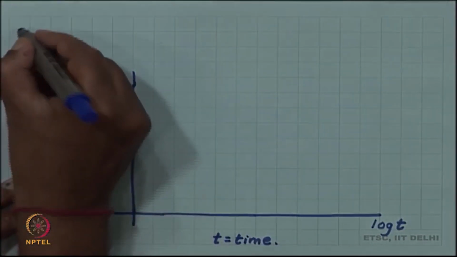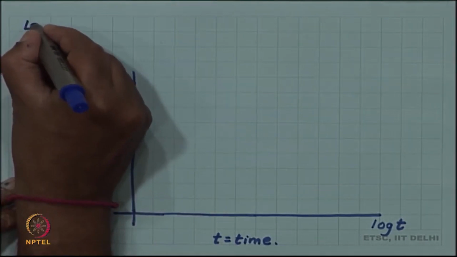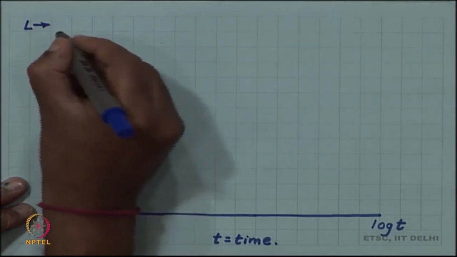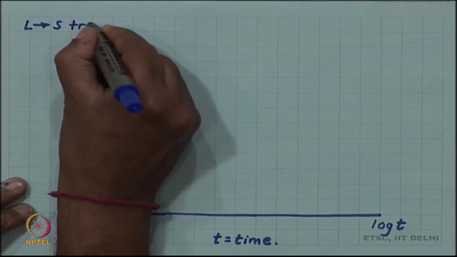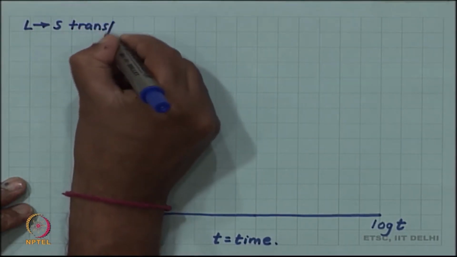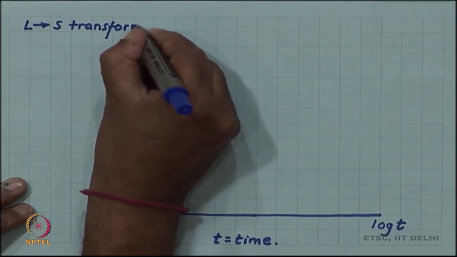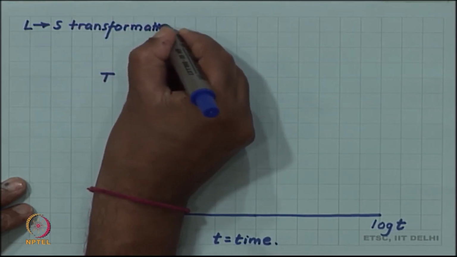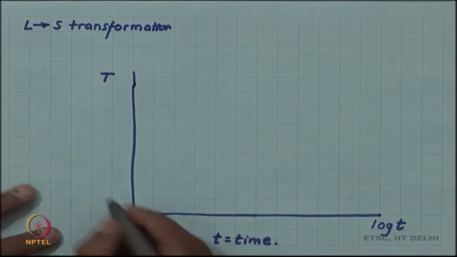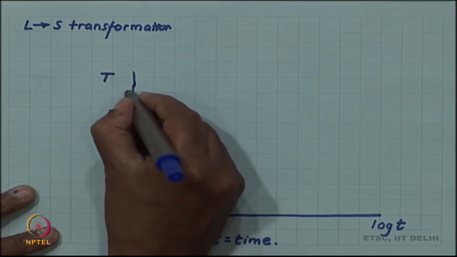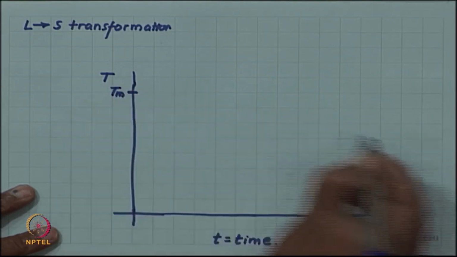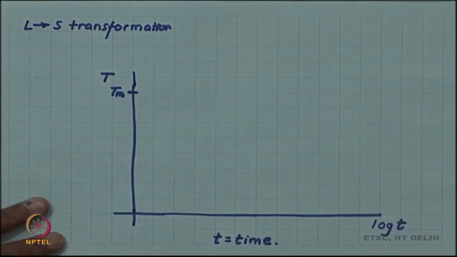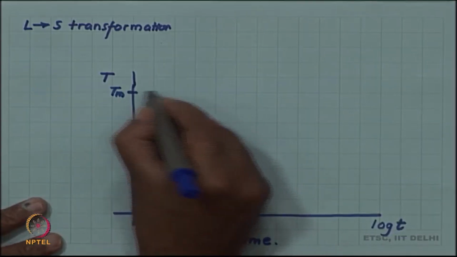Again, let us look at, as an example, liquid to solid transformation. So, we have a critical temperature, which is the melting temperature, above which no transformation will happen.